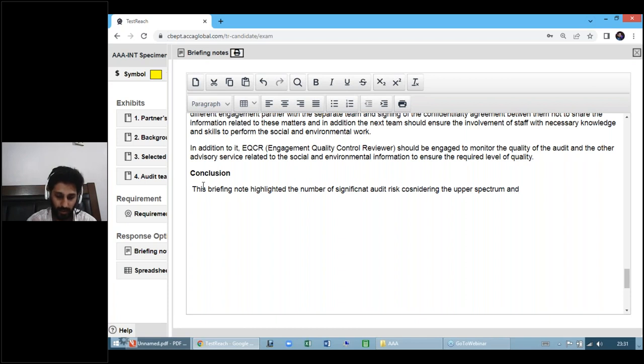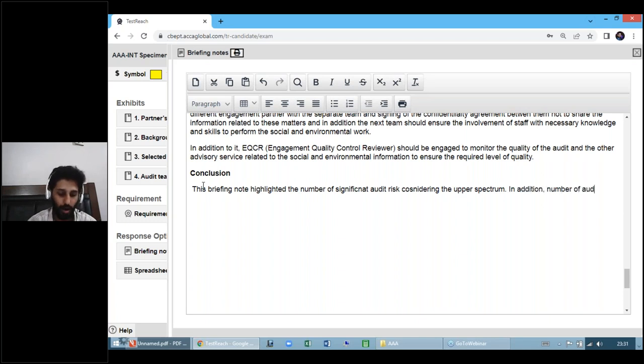Furthermore, in this briefing note, there were audit procedures as well, and the issues along with the safeguards discussed.